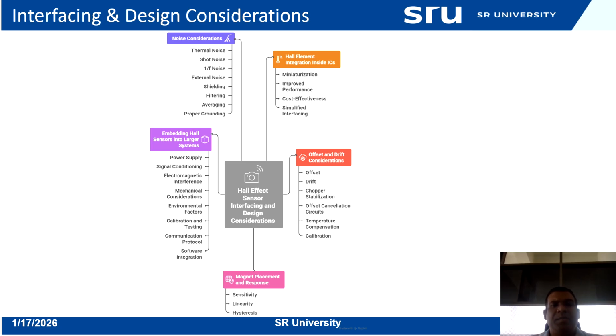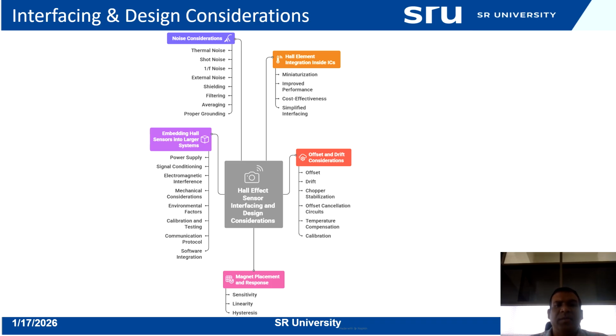Then cost effective. Mass production of integrated Hall effect sensors reduces manufacturing cost. After that, next one is simplified interfacing. The interfacing is very simple. Integrated sensors often provide a digital or analog output signal that is very easily interfaced with a microcontroller or other electronic systems.